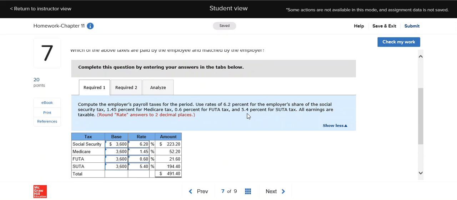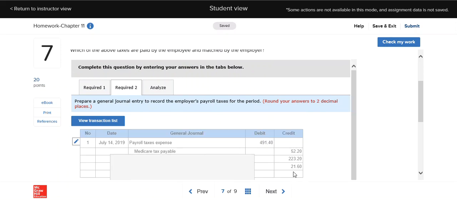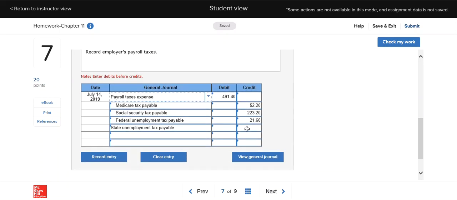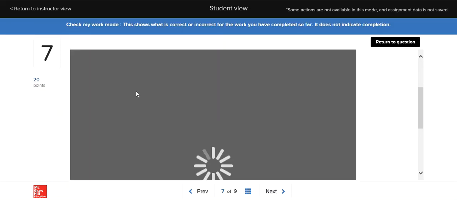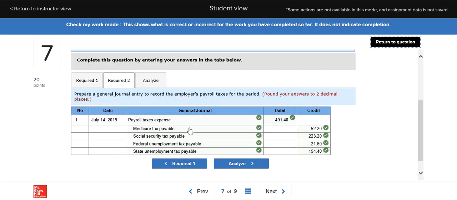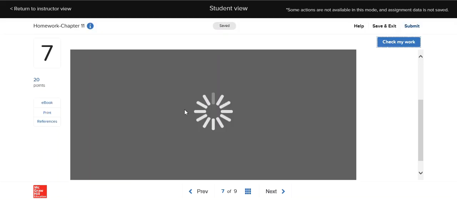State unemployment $194.40. All right, so that should be your journal entry. Let's make sure I typed them in right. Going back and forth, I never can remember what I just saw. But that looks right.